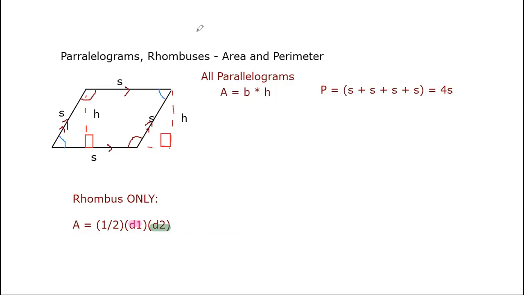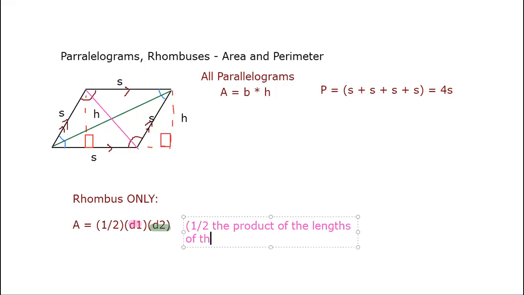So diagonal 1 and diagonal 2 would be this one. There's diagonal 2. And diagonal 1 is this one. So what you can do is take one half the product of the lengths of those diagonals in a rhombus. That's only for a rhombus.